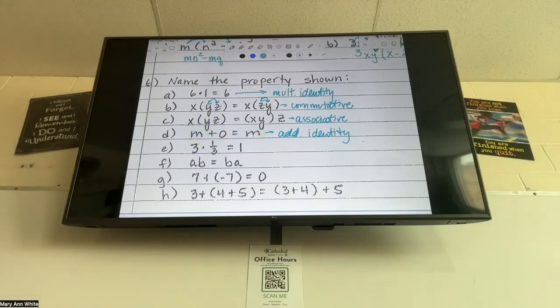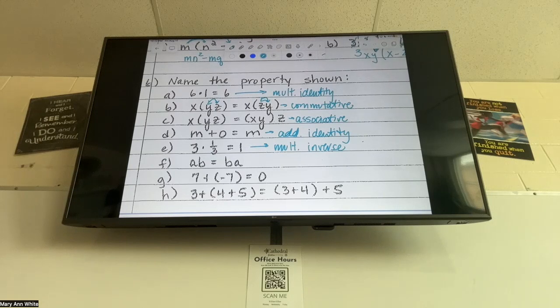Okay, what about letter E? It is a reciprocal. We call it something different here. Inverse, very good. I would say that one third and 3 are reciprocals. The actual name of this is multiplicative inverse.